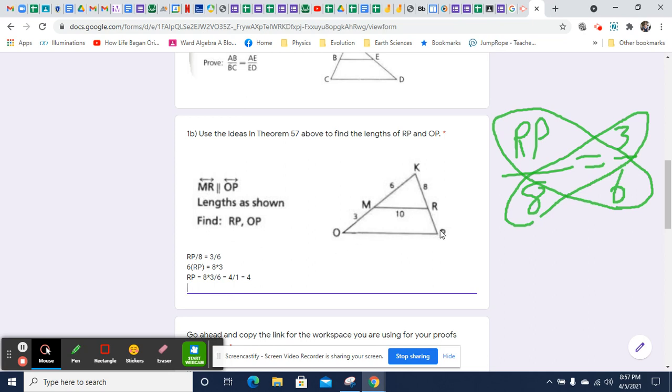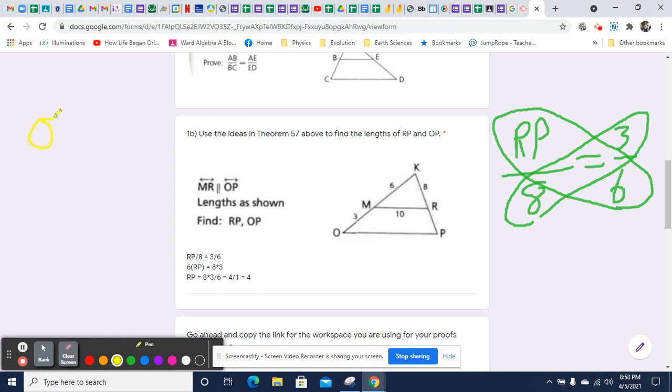So OP is to 10 as 9 is to 6. That's one way we could do it. We could use a different set of proportions as well, but I'm going to do that.